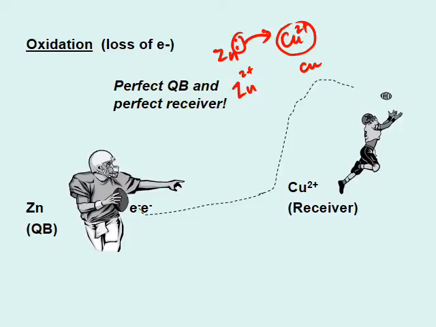In other words, there cannot be a fumble here. Whenever zinc gives up electrons, it must have a receiver. Otherwise, it's not going to lose its electrons. So keep this in mind. In electrochemical reaction, one reaction will have to give up electrons, and there should be another reaction that would receive those electrons. Otherwise, there'd be no exchange of electrons.